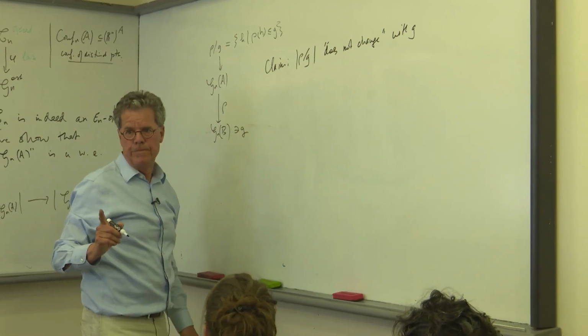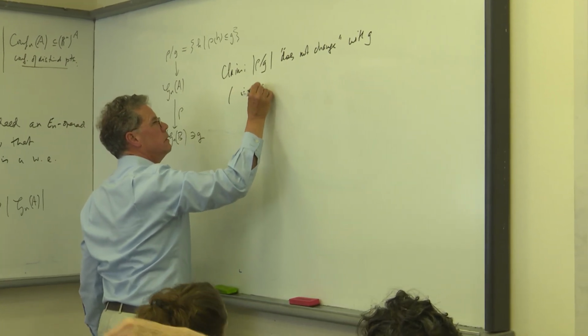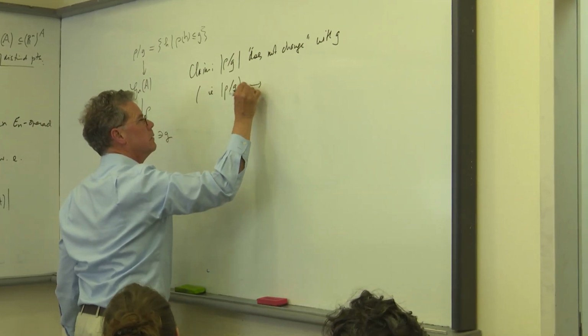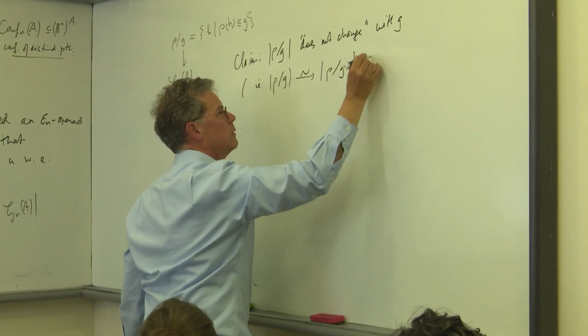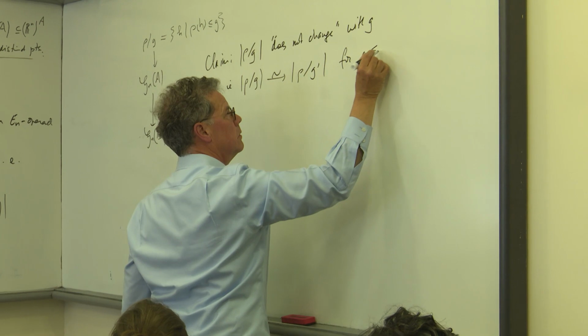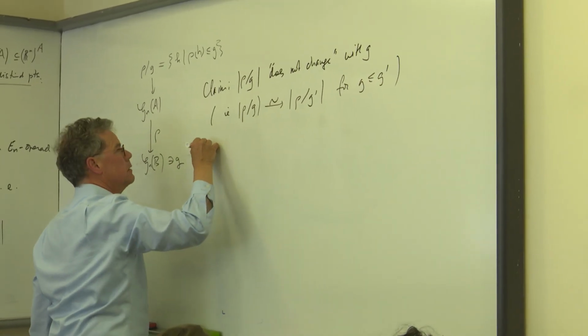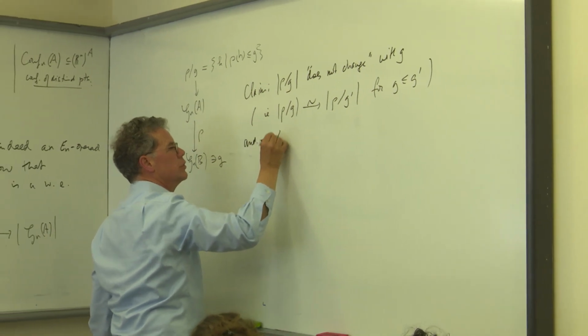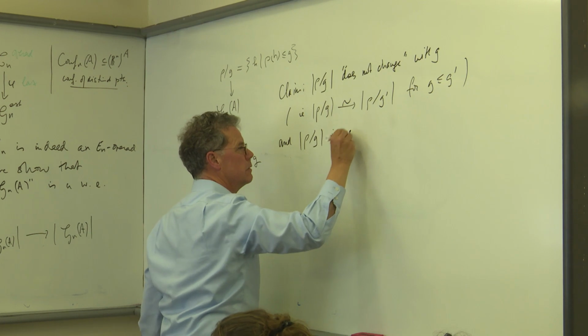Okay, is that clear? That is, rho over G is again a wedge of spheres.